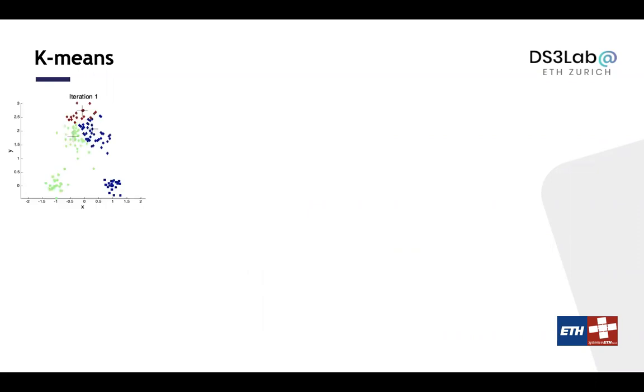So here's one example. Assuming you have a data example that looks like this, at iteration number 1, I could randomly pick, for example, 3 centroids, and then I assign all the data examples to their corresponding centroid. Then I have 3 clusters. For each cluster, I can update the centroid. For example, after the assignment, all the green points correspond to this centroid, and if I recompute the centroid of the green cluster, it's going to move to somewhere like here.